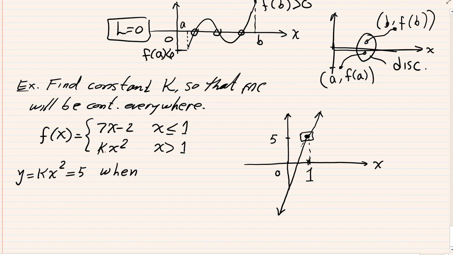That's going to happen when x is 1. So k times 1 squared equals 5, so k must be 5. Therefore, the parabola is 5x squared. Again, that portion of it goes here, it comes right back, but we don't need that part. Okay, good. So we're done with this one.